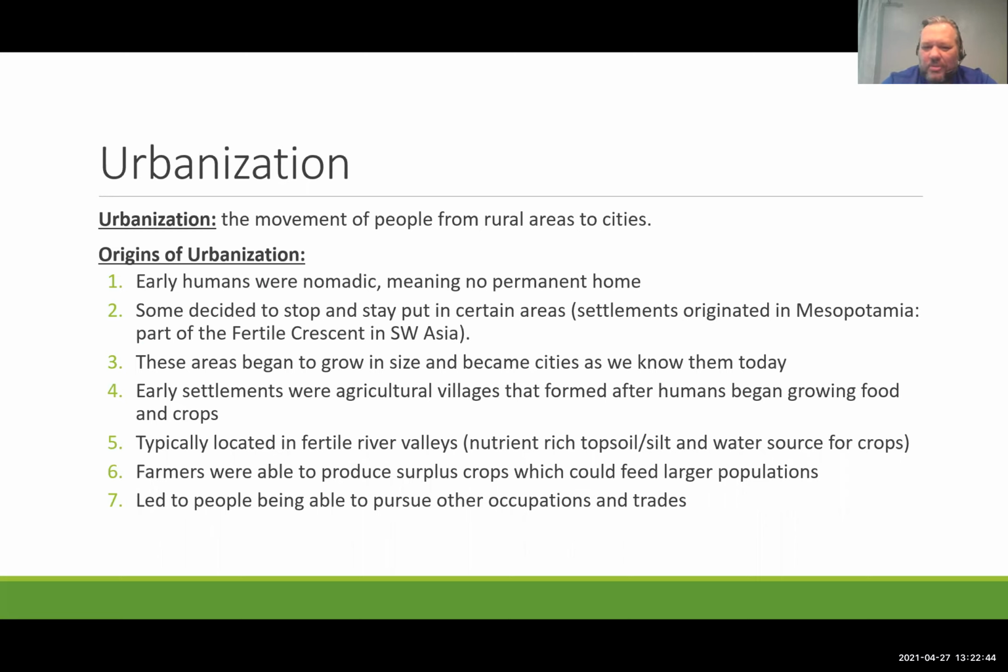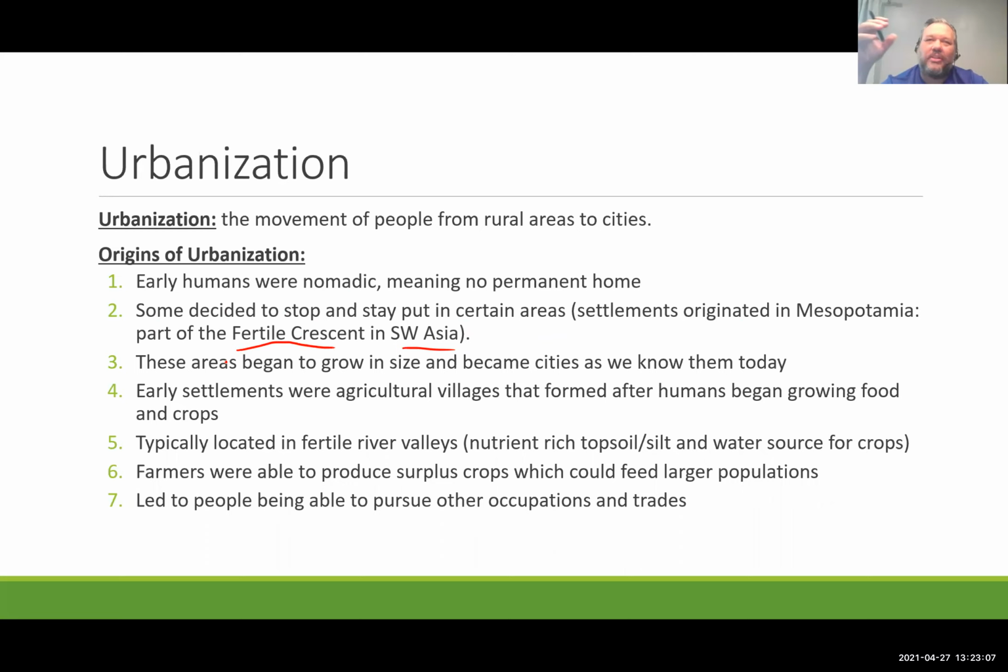So obviously, early humans were nomadic, meaning they wandered around looking for food, and then when we had the ability to grow crops, people started to stay in one place. Okay, and so those are the hearths that we talked about before, the Fertile Crescent in Southwest Asia. And some of the other ones, we'll look at a map here in just a second.